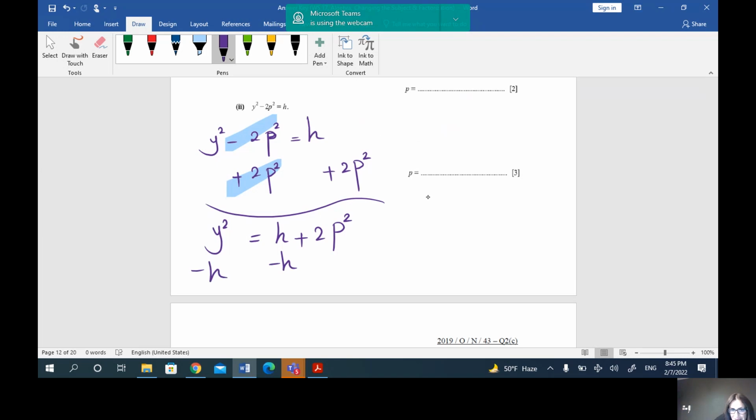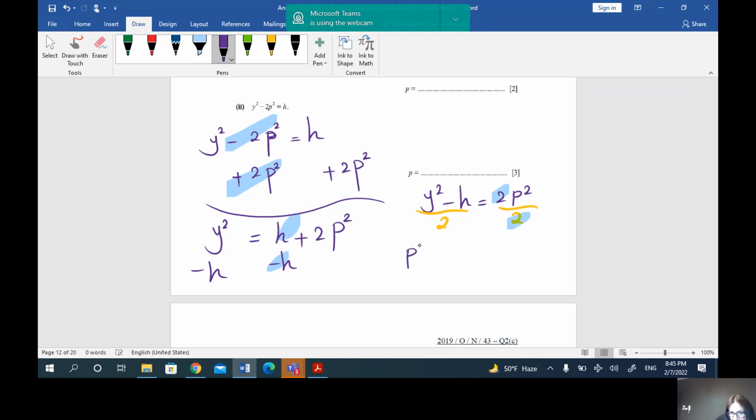So it will be here Y squared minus H is equal to, this is cancelled with this, so 2P squared is left. Get rid of 2, the coefficient of P squared, so divide all this by 2, divide all this by 2. Accordingly, this is going to be cancelled with this.